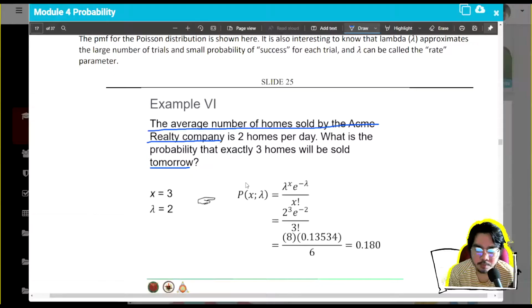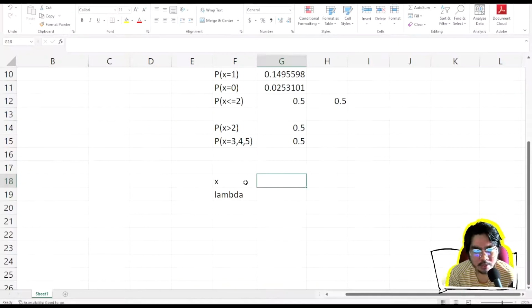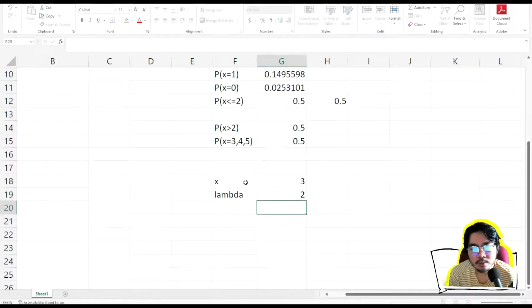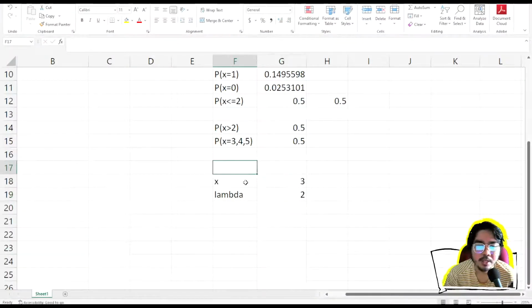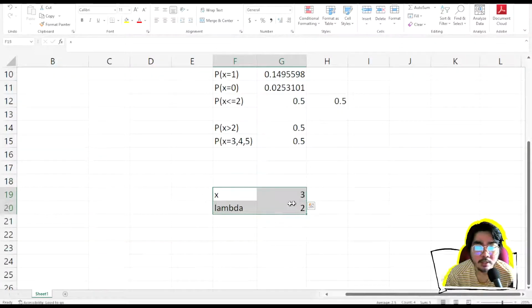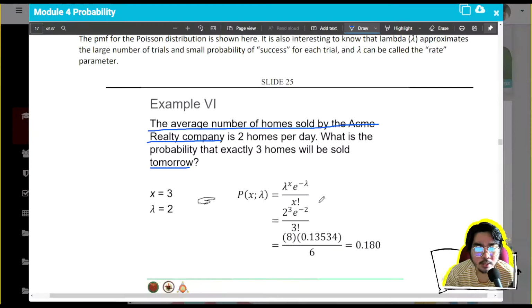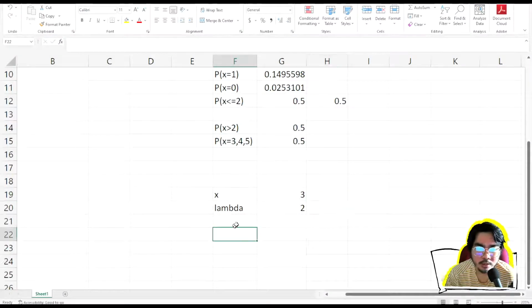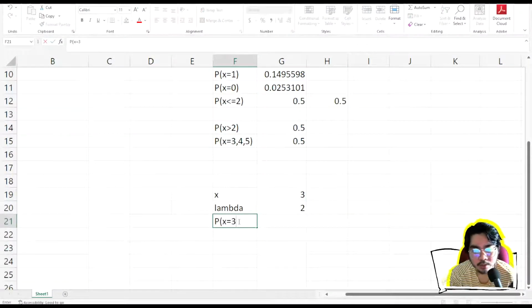So in this particular example, meron tayong 3 tapos 2 yung lambda natin. Tama? And this is the number of homes. Okay? So you can use this formula pero again, pwedeng hindi na natin i-memorize siya. We'll just do an Excel or spreadsheet na formula. So we are looking for x is equal to 3 given that lambda is equal to 2.